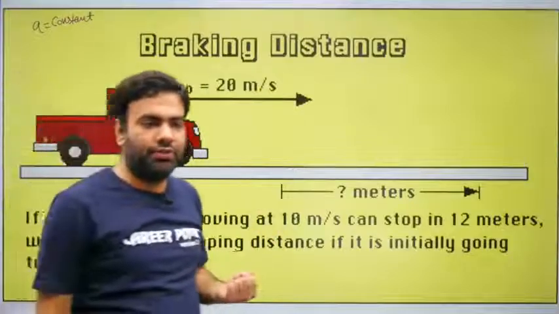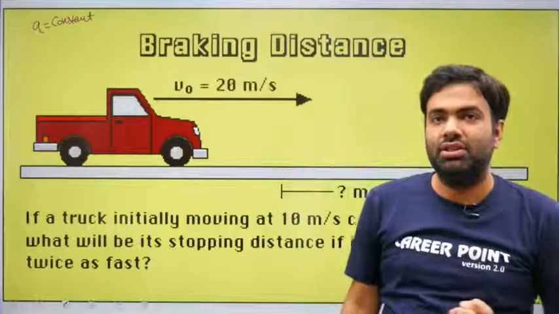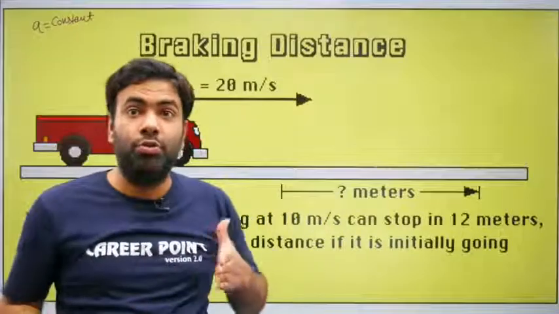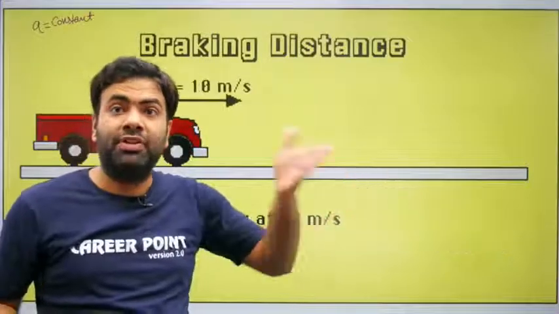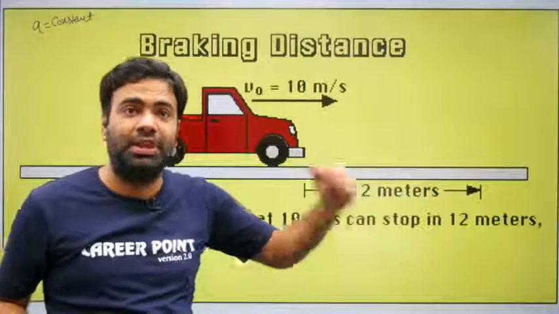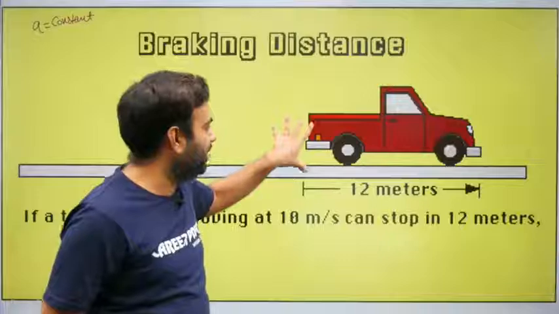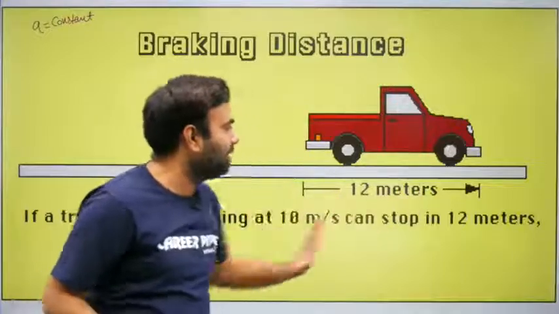Is it clear to all of you? So what is braking distance? If you are riding a vehicle and you apply the brakes, the distance you are going to move after application of brake before stopping is braking distance. For example, this is moving with 10 meters per second, and after application of brake, it has traveled 12 meters.